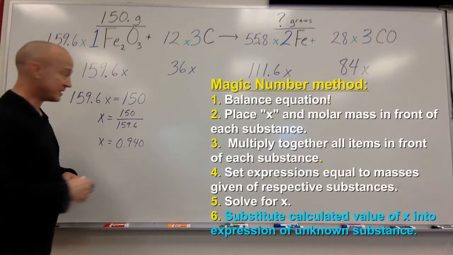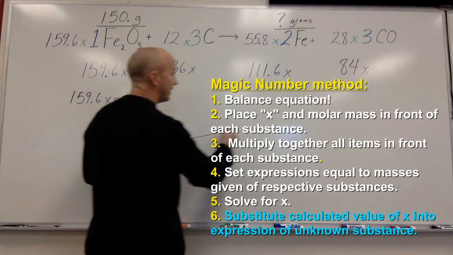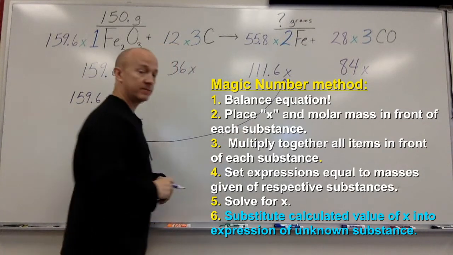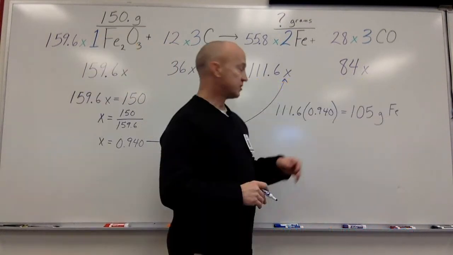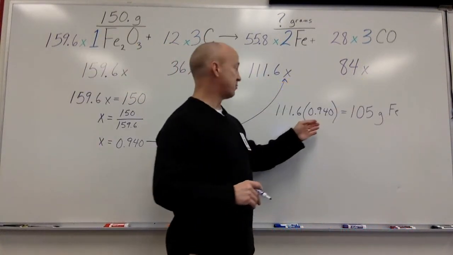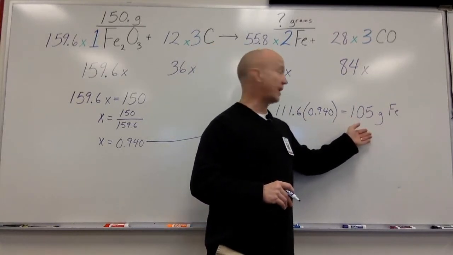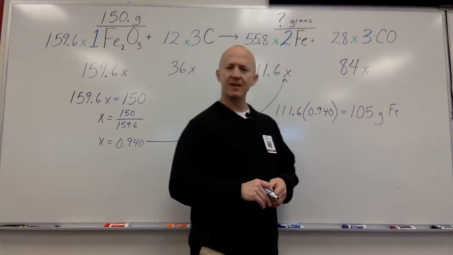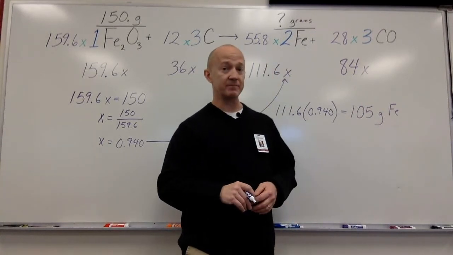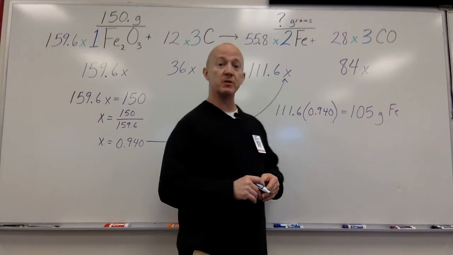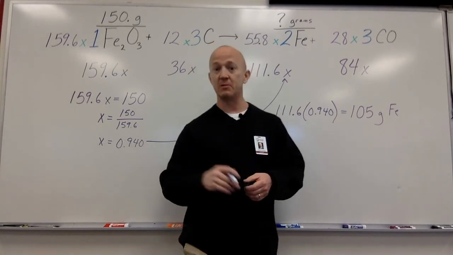All I do now is I take this number and I plug it in there for the value of X. So 111.6 times 0.940 gives me 104.9 or 105 grams of iron. If that number looks familiar, it should. It's the exact same number we got when we used the 4 stoichiometric steps previously.